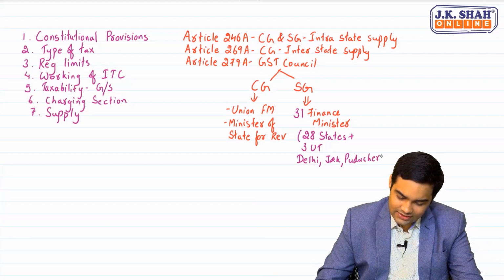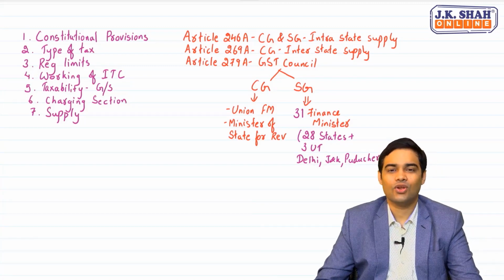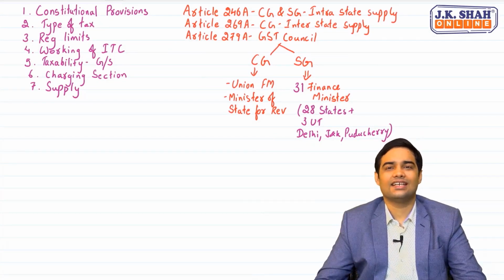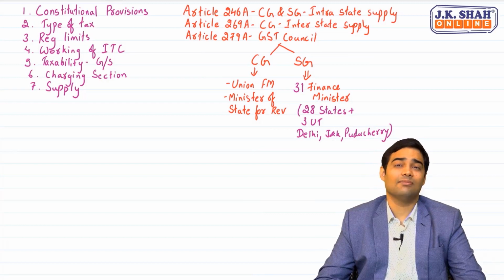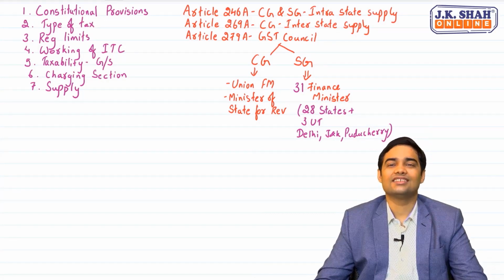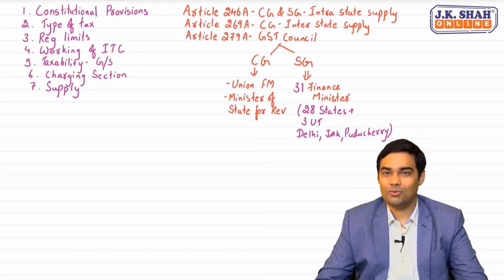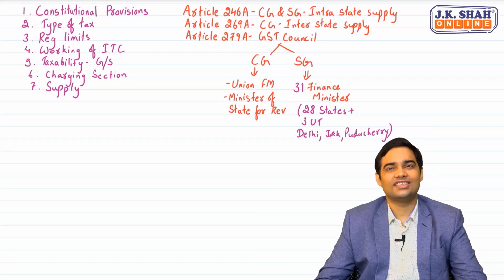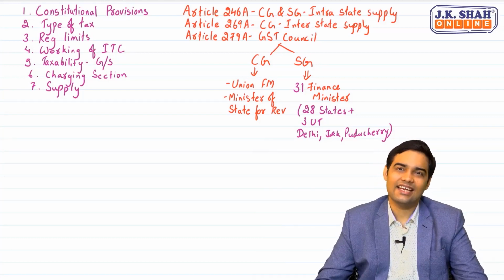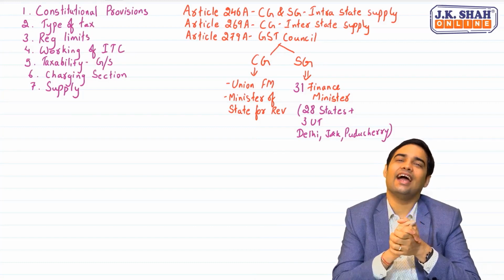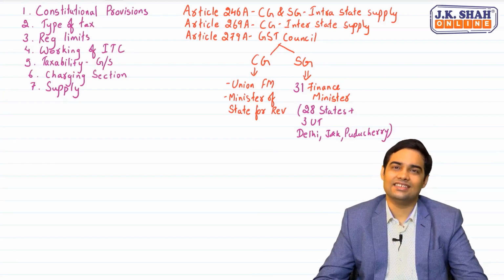The next question which arises is, what is the voting power of central government and state government in GST Council? Why is it important? It is very important just to check whether all the 31 finance ministers can come together and pass a decision. The answer would be no. Because the intention of bringing this Article 246A, 269A and 279A was that central government and state government come together and make decisions on the GST law.